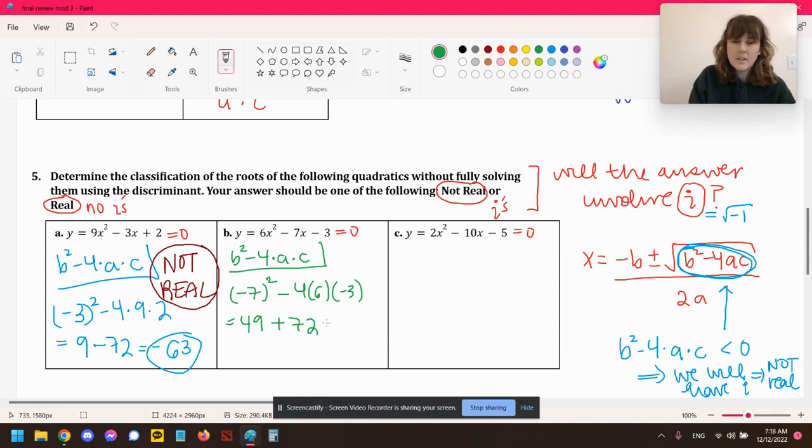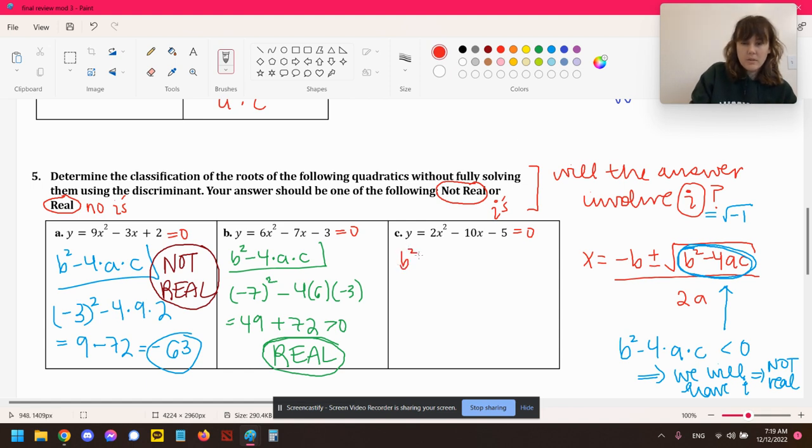Whatever that adds to, it's definitely a positive number, which means maybe it's a gross number, like maybe we don't have perfect square roots. We might, though. No. It's 121, right? It's a perfect square root. It's going to be 11. That's fine. Now I'm curious. This is going to be a perfect square root. But it doesn't matter, right? It's a positive number, so the whole thing is going to be a real answer. There's no i's involved.